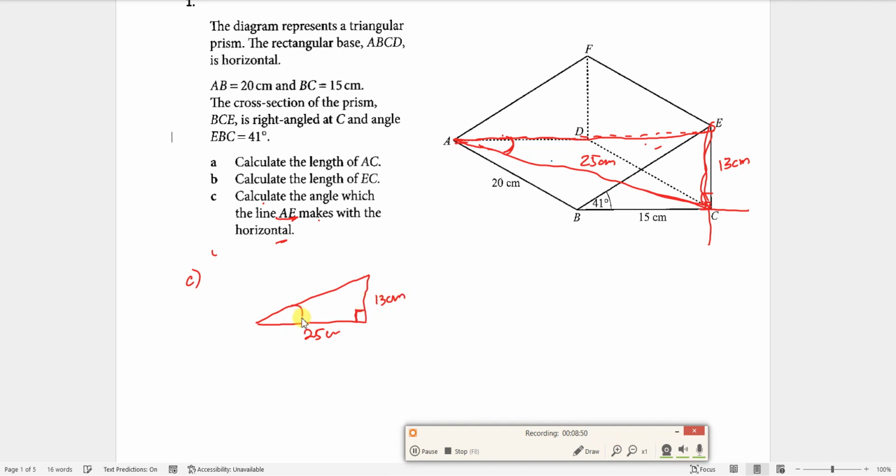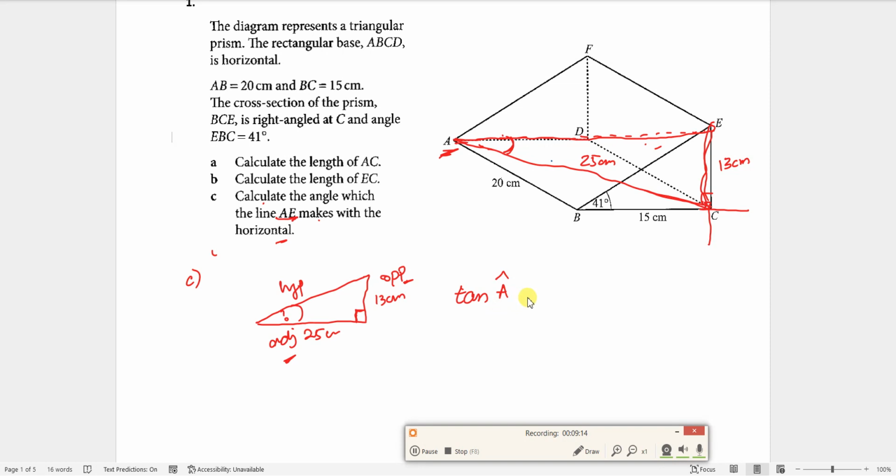They're asking us to find this angle. So this is going to be opposite, this is adjacent, and this is hypotenuse. So we need the relationship between opposite and adjacent, which is going to be tan. So tan, let's say angle A. Since we're finding angle A, you can use theta as well, theta, gamma, alpha, anything.